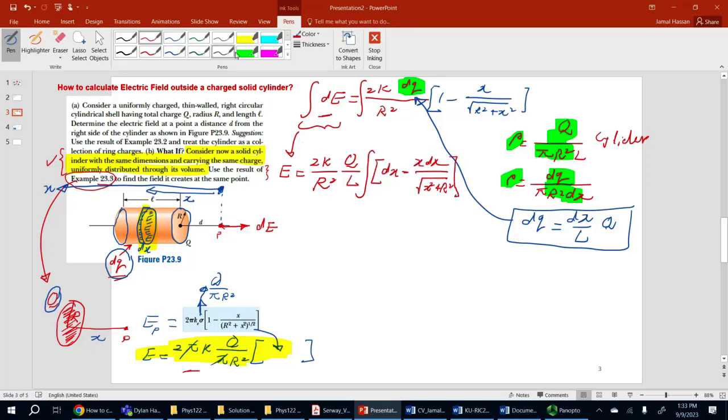Now, again, from where to where should we put our limits of integration? Well, as we explained, the first piece of the disk was here, which is located at a distance of d, so x is equal to d. The last piece is located at the very end, which is at a distance with respect to this point of d plus L. So I'm going to write down d plus L. Now this integral is a piece of cake.